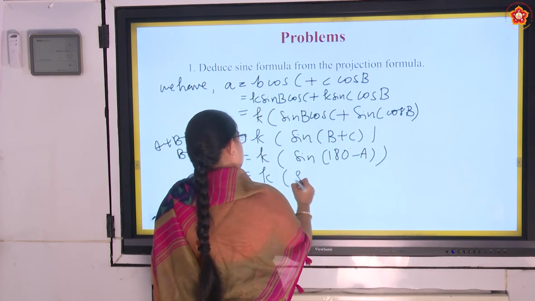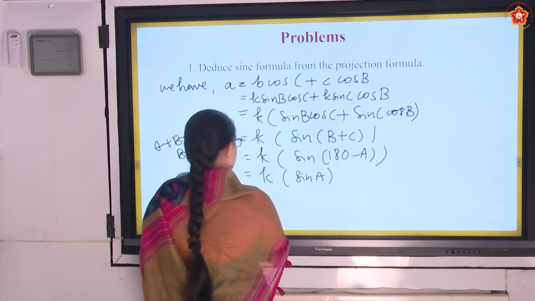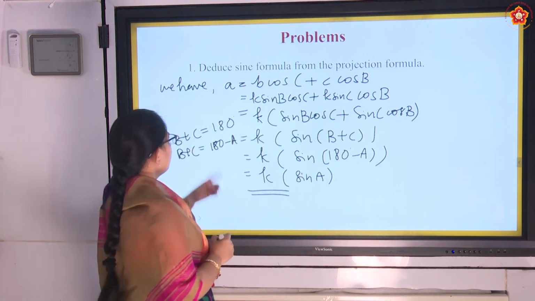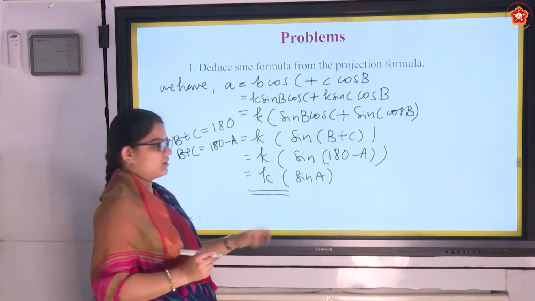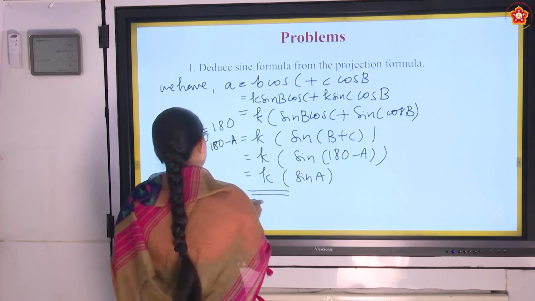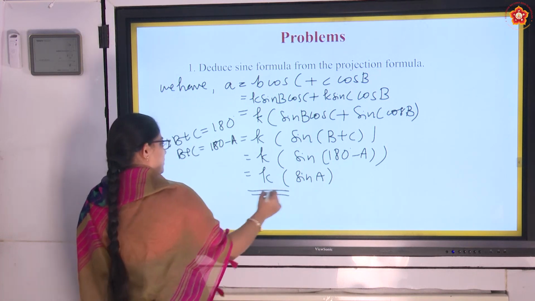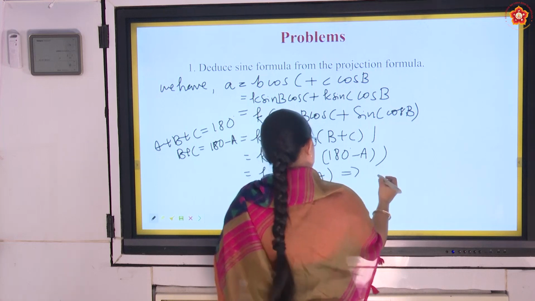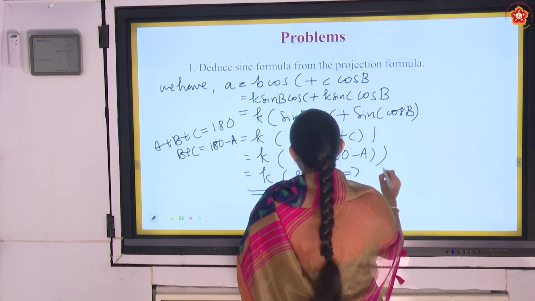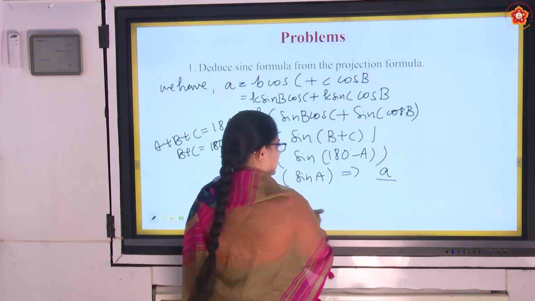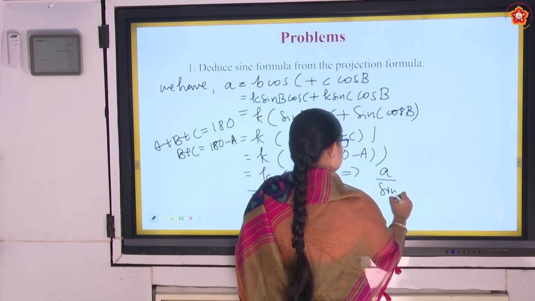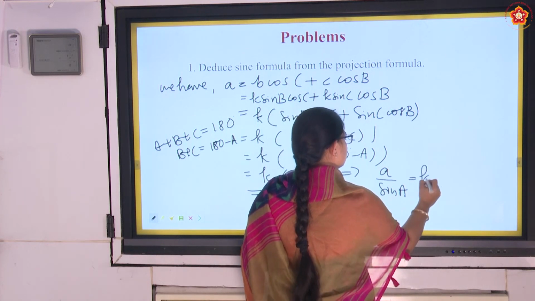That is sin A. So we get a is equal to K sin A. Or we can rewrite that: I am taking sin A to the other side, so a by sin A is equal to K.